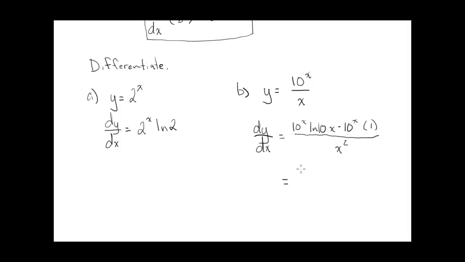So just simplifying that, you can factor out a 10 to the x on the numerator and get x ln 10 minus 1 all over x squared. And that would be a couple examples where we're finding the derivative involving general exponentials.